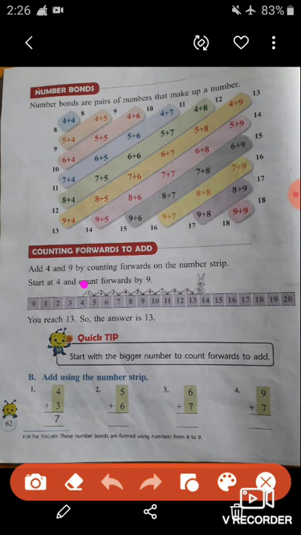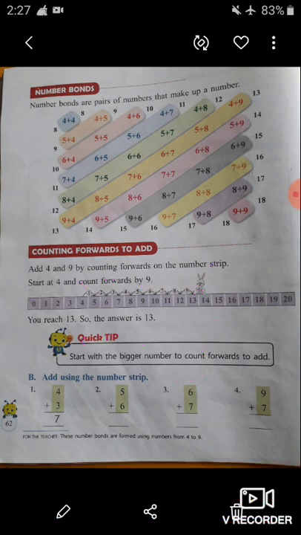9 times. Students, look here, this is a rabbit. Suppose this rabbit is at 4, then he jumps 9 times forward. Okay, so students, 1 2 3 4 5 6 7 8 9. So at last the rabbit reaches the number 13.